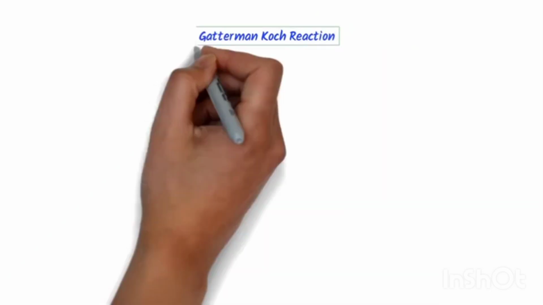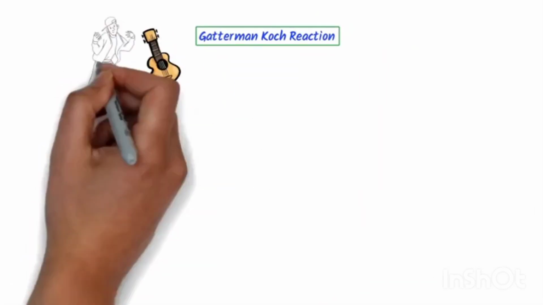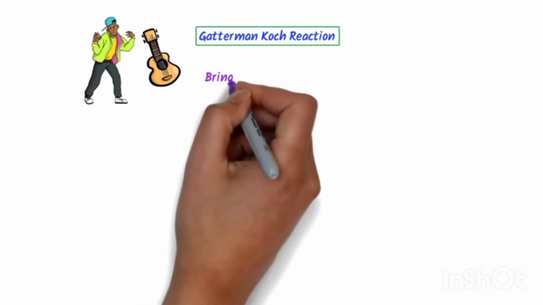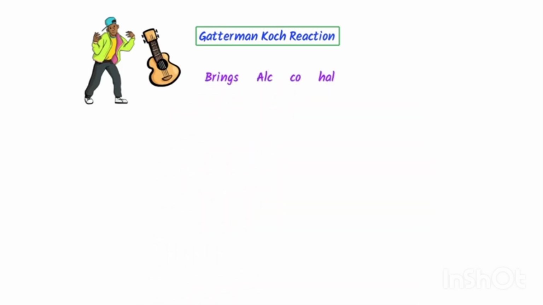Lastly, let me teach you the Gattermann-Koch reaction. Now this Gattermann reminds me of guitar man. I always say guitar man brings alcohol. Let me repeat it. I always say guitar man brings alcohol. Now this B ring stands for benzene ring. This AlC stands for aluminium chloride.